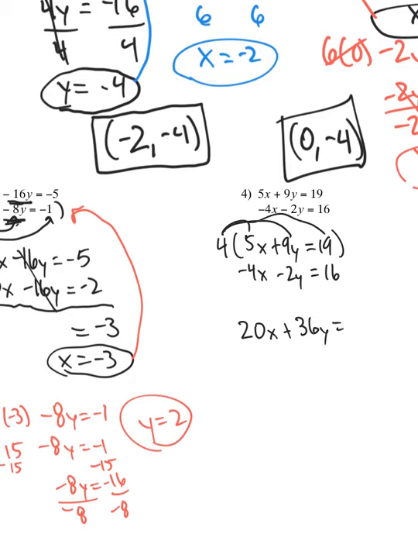36y, and 4 times 19 is, I need a calculator for. I should know this off the top of my head, 76.